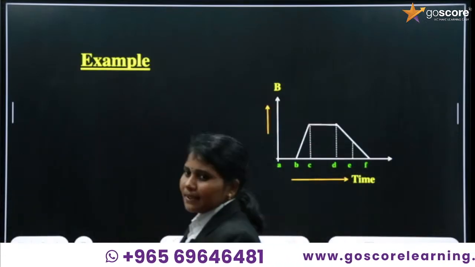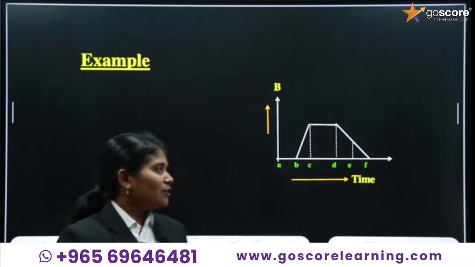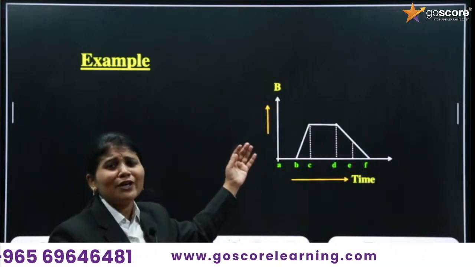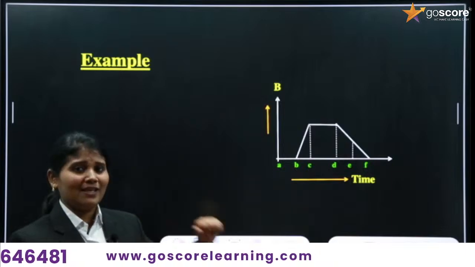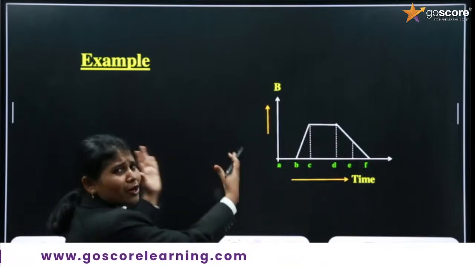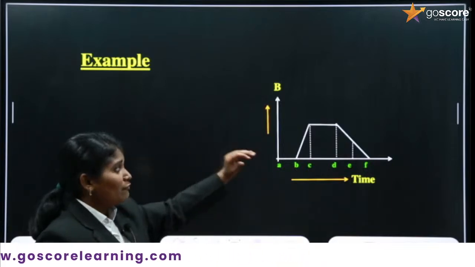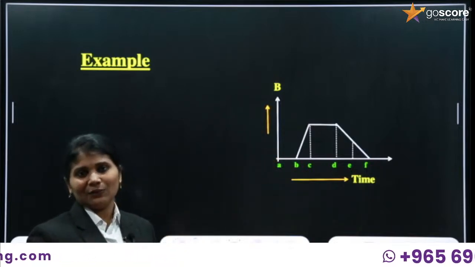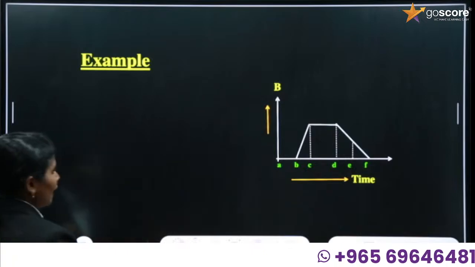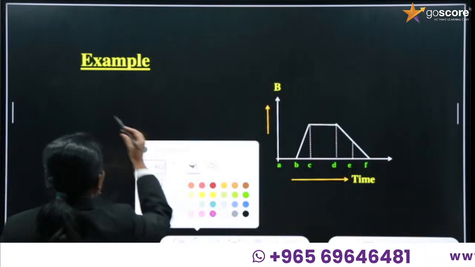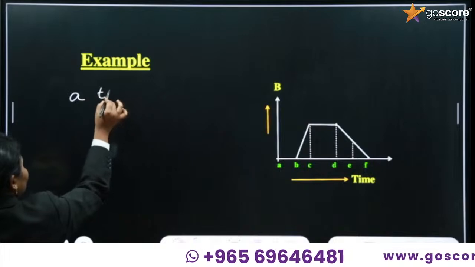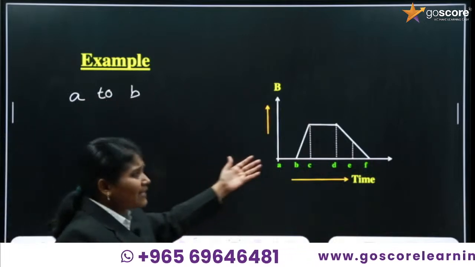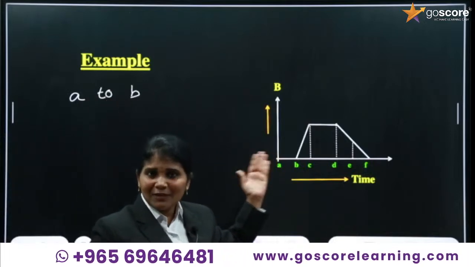Next, I am taking an example here. In this graph, at which point are we getting the maximum EMF? We studied all those things now. See guys, from A to B, are there any magnetic field lines?